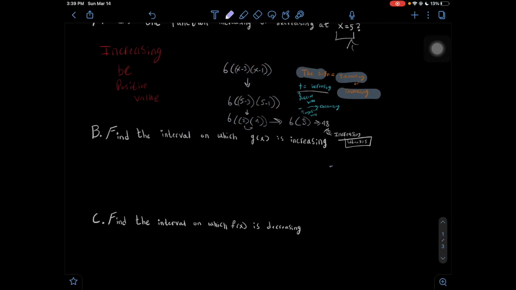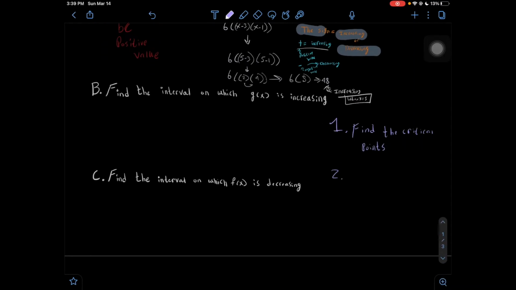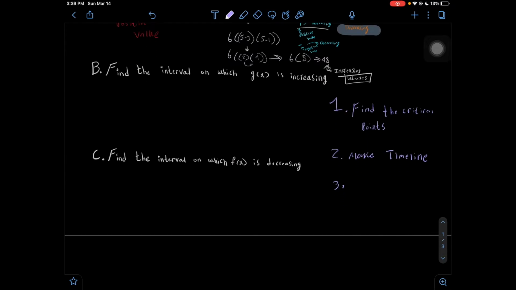So our first step is to find the critical points, and we're going to go through how to do that in just a minute. And then second is to make a timeline. Third, we are going to mark the critical points on the timeline.